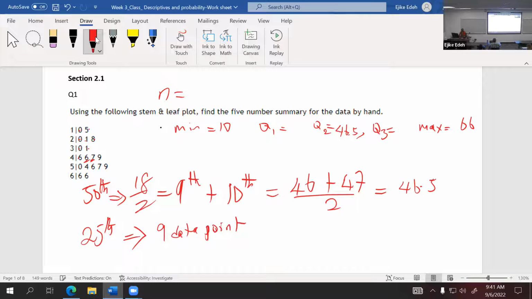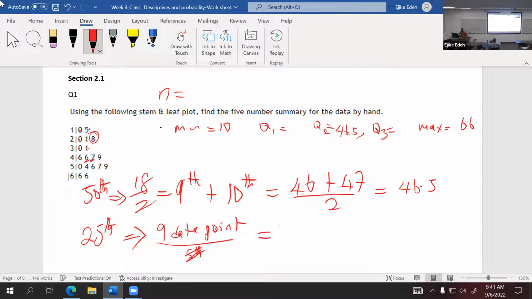And I could find the middle of that. I mean, 4 on one side, 4 on the other side, you have a clear middle, which is the 5th position, right? So we're going to count from the beginning to that position. So you count 1, 2, 3, 4, 5. So the 5th position will be on the 10th, right? So you go ahead and your 25th percentile here will be. Are you with me?